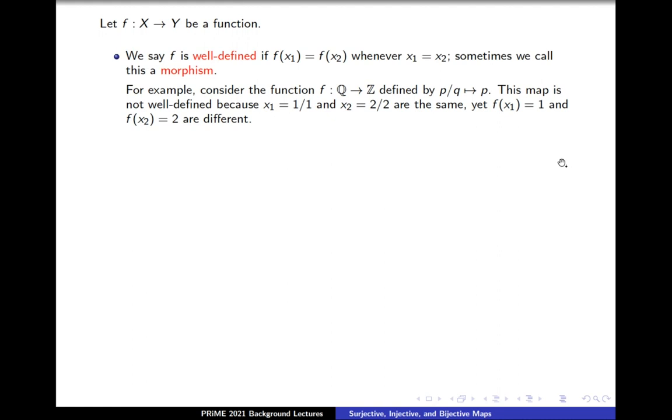So for the same input, we get two different outputs. Now you might ask, well, perhaps we should not have started with inputs that had a common factor in the numerator and the denominator. And this is exactly the point of having this notion of a well-defined function so that we get an unambiguous answer.